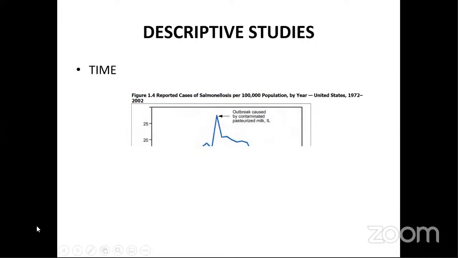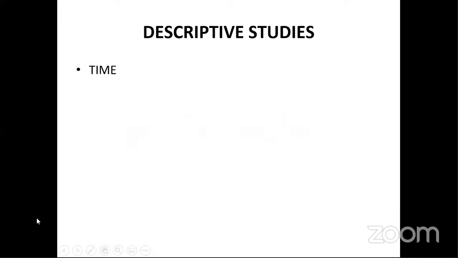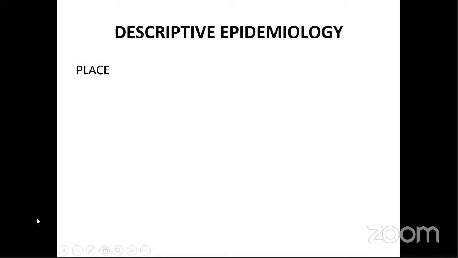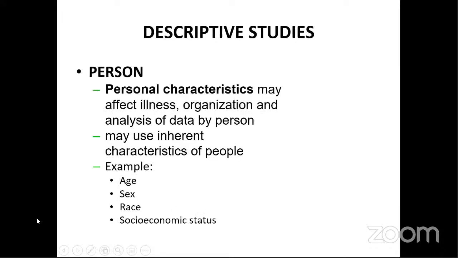So you describe it. Of course, there could be place and person. So is there racial predilection affecting illness that we could analyze? So it's either age, sex, socioeconomic status, associated comorbidities, and the like. Okay.